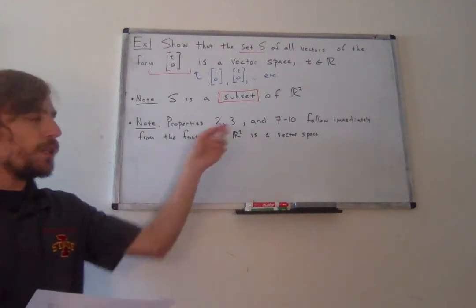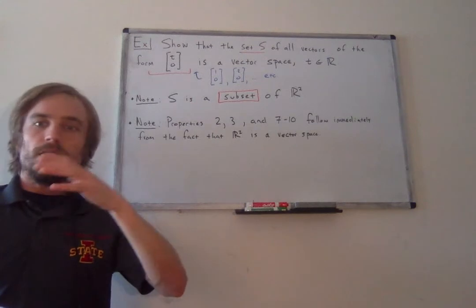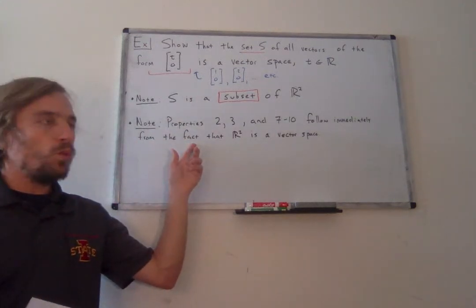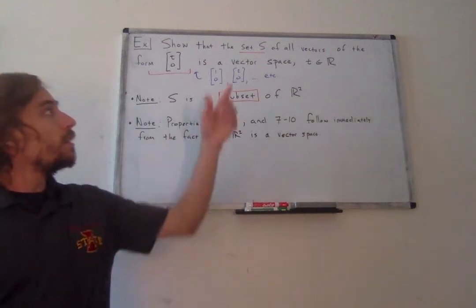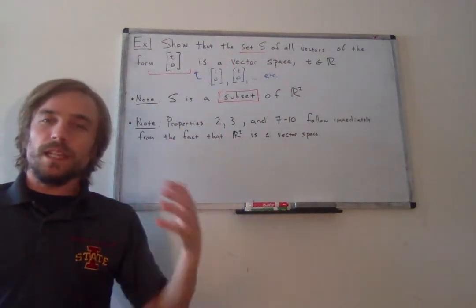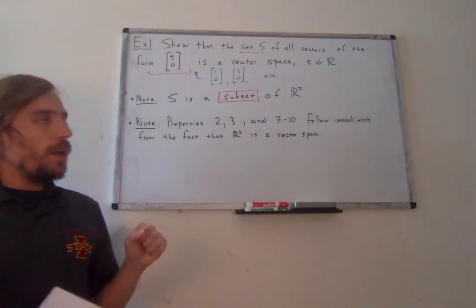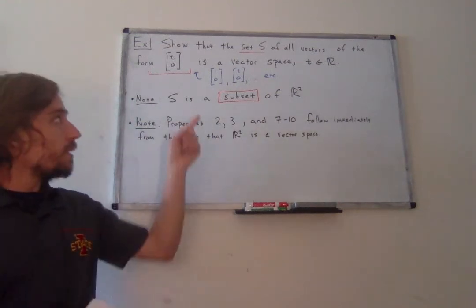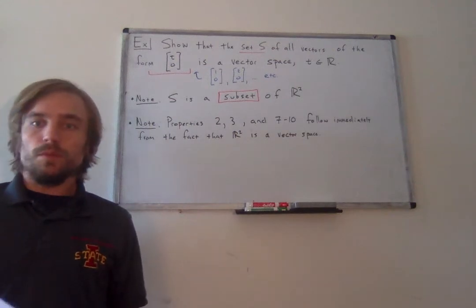Remember, properties 2 and 3 don't deal with containment questions. We can't assume property 1, because we'll have to show that a sum of 2 of these vectors is still in S. So we don't immediately get that S is closed under addition. But property 2 is the commutative property, and since all of these vectors are just vectors in R2, they're always going to be commutative.